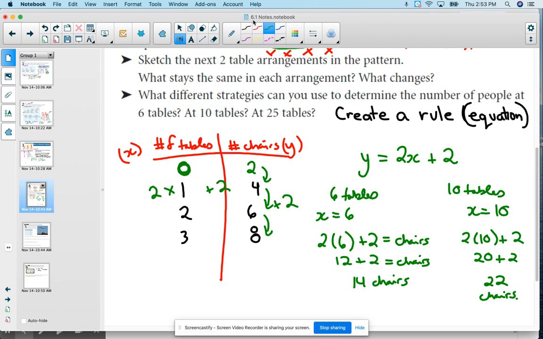And if I wanted to figure out even 25 tables, I could keep going with my chart here. Or I can say, y, number of chairs, is equal to 2 times 25 plus 2. So 2 times 25 is 50. 50 plus 2, there should be 52 chairs.